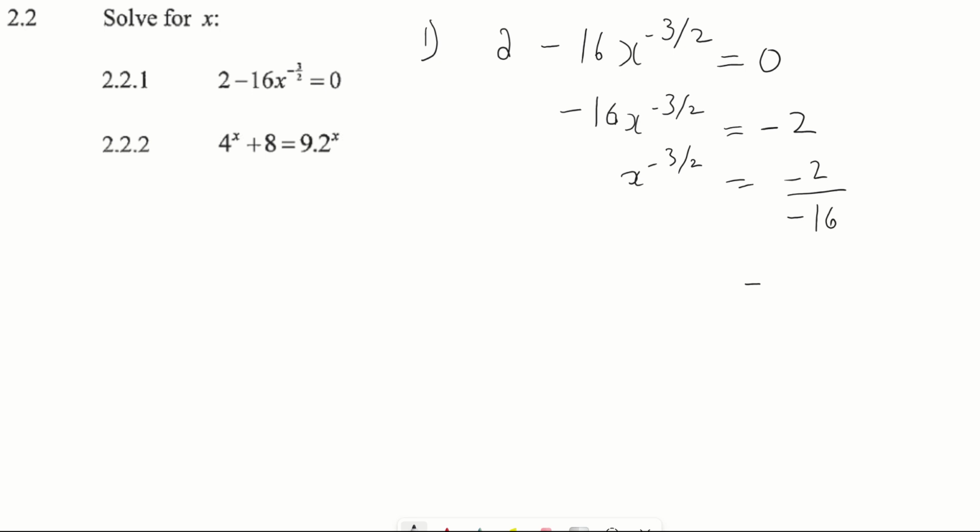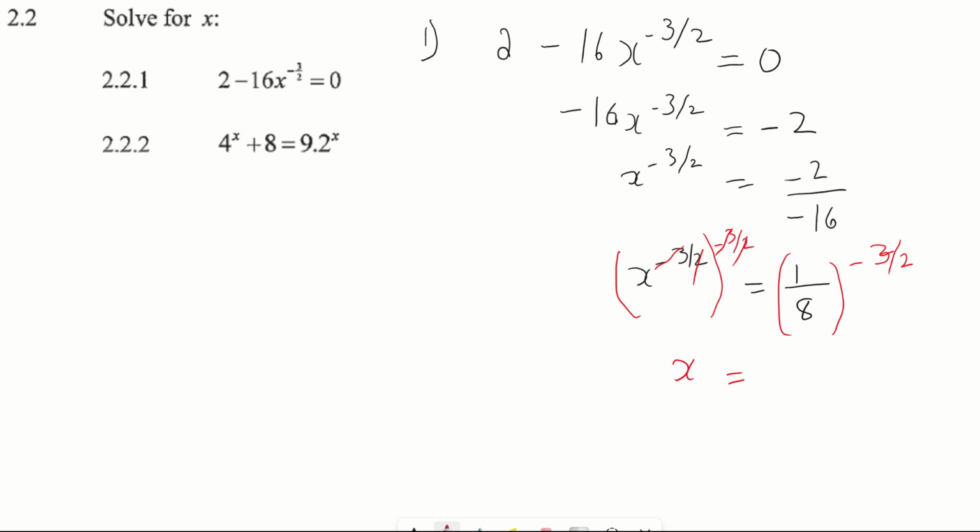This is going to give me 1 over 8. On my left hand side, I've got x, and I remember that I can multiply both sides by the reciprocal, because I want to make x the subject of the formula.